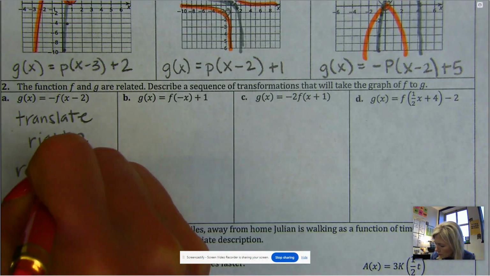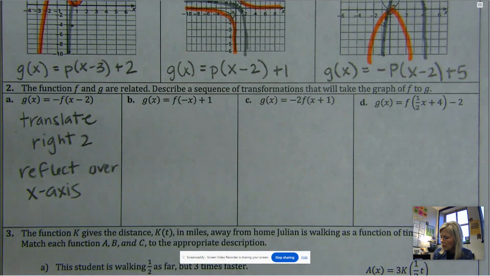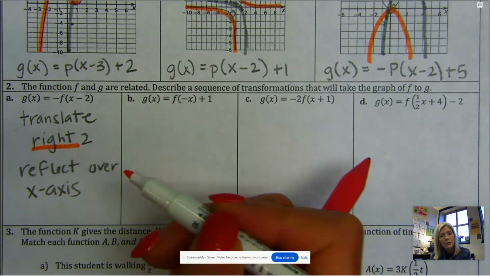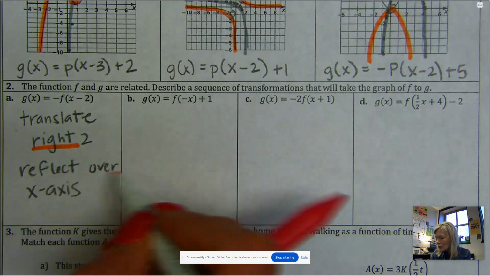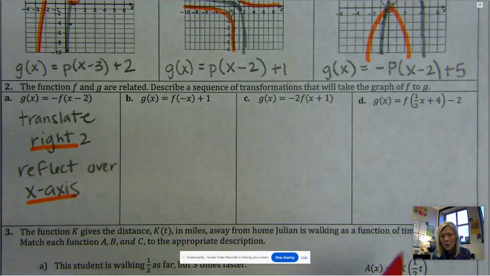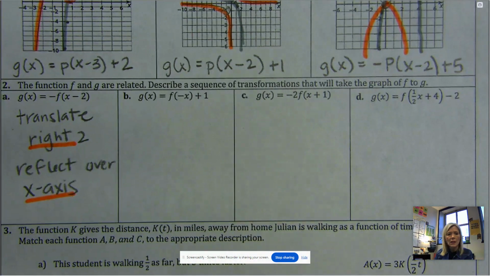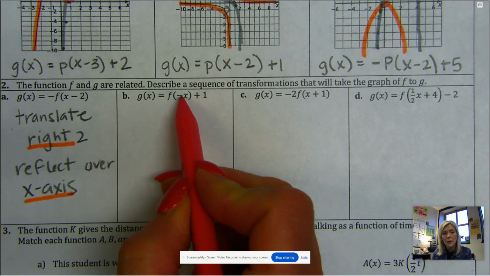So remember those keywords: not just translate, but what direction, left or right, up or down, and then reflection, but again, which axis are we reflecting over? So you can see here on the next one, we're going to reflect over the y-axis because we are doing opposite input.